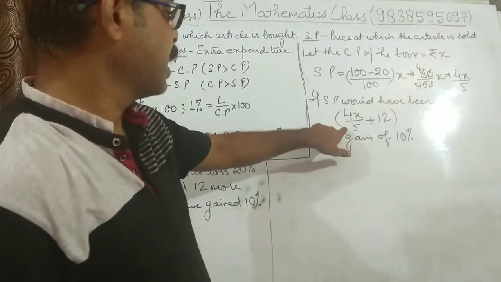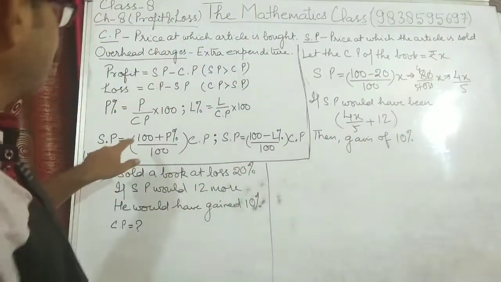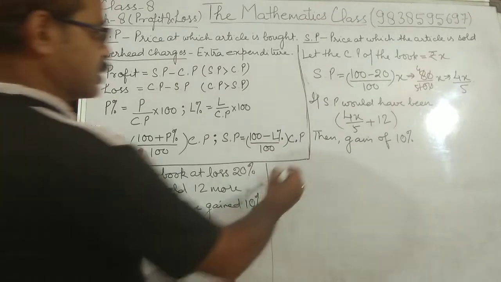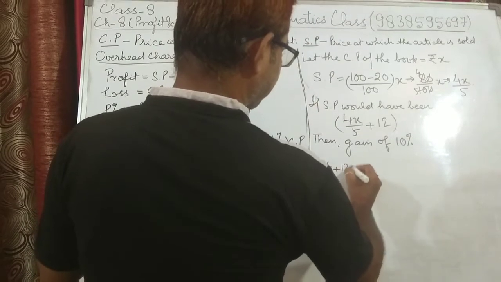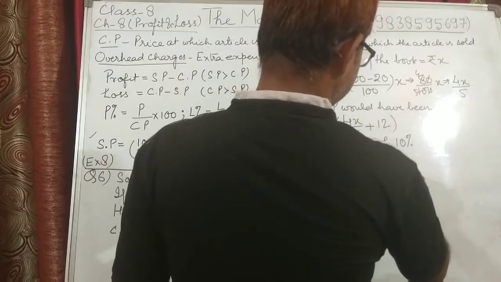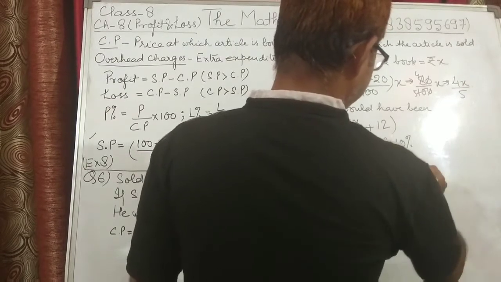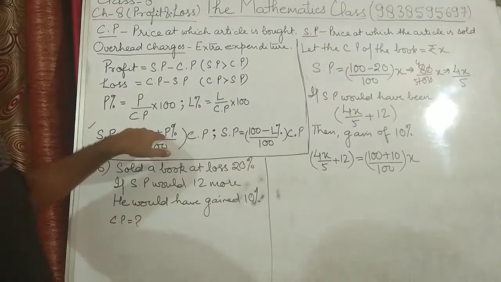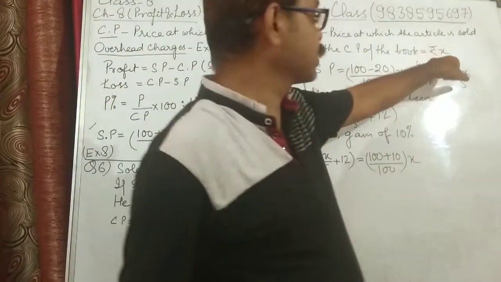Now this is the selling price, and profit percent is given, cost price is given as X. So now you will use this formula, because now there is a gain of 10%. Selling price, that is 4X upon 5 plus 12, is equal to 100 plus profit percent, 10, upon 100 into CP, CP is X. This is what we have assumed.